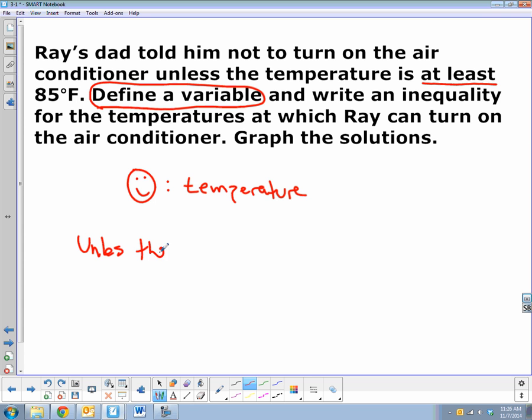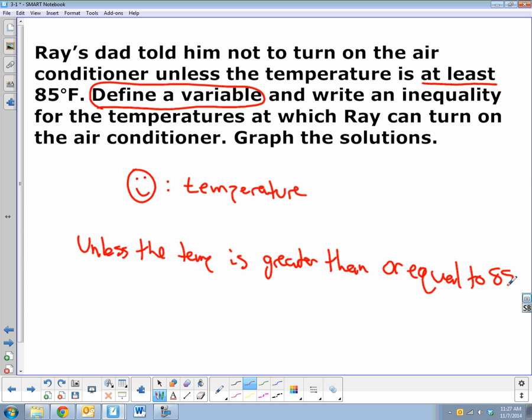Unless the temp is greater than or equal to 85 degrees. So again, all I did was take the part of a sentence that's already up here, unless the temperature is at least 85 degrees, and instead of at least, I replaced it with greater than or equal to. That's all I've done.